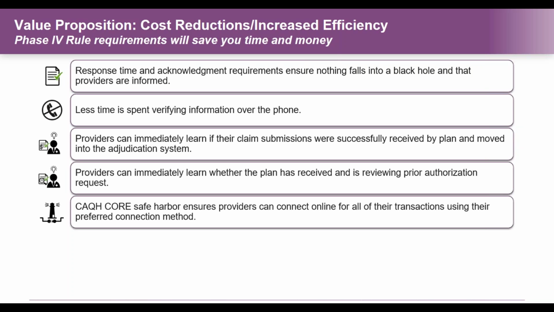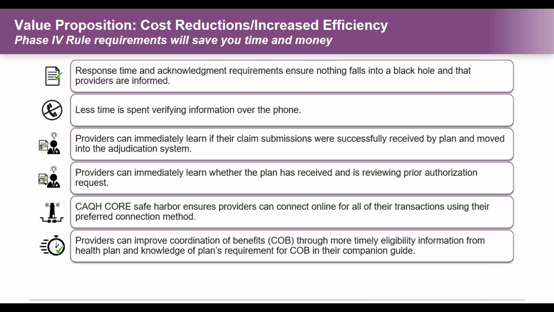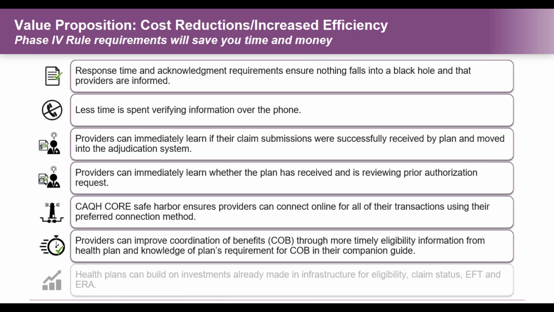The safe harbor ensures that providers can connect online for all of their transactions using the preferred connection method. So now they can submit eligibility through that method as well as a claim. Providers can improve coordination of benefits through more timely eligibility information from the health plan and knowledge of plans' requirements for COB, because those are now required to be published in the health plan's companion guide.